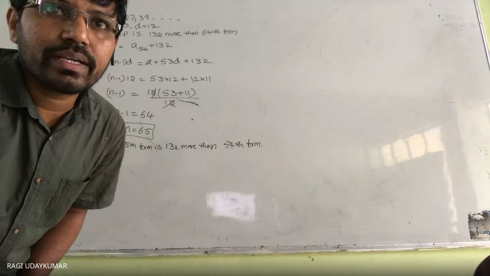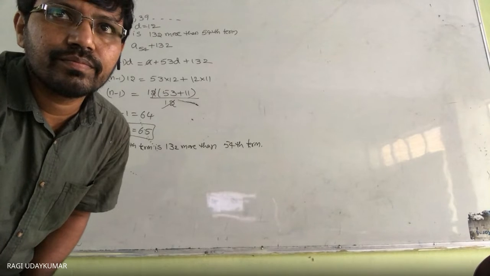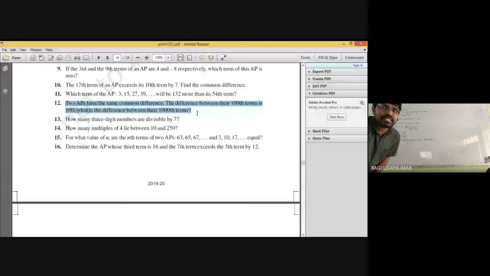Coming to the next problem. Two arithmetic progressions have the same common difference. The difference between their hundredth terms is 100.